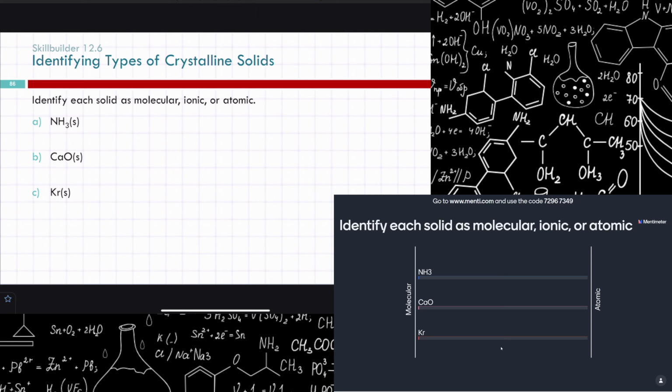There's one vote in. Shut the clock here. And again, this is sort of like the last one. So 1 is molecular, 2 is ionic, 3 is atomic.